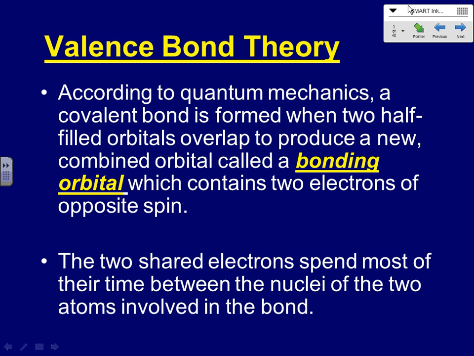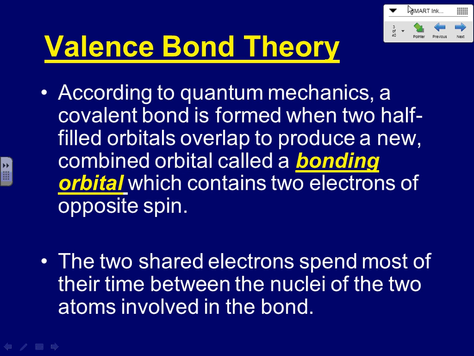So if an orbital is a wave, you can have 2 of these waves interact with each other. And in physics, and I mentioned this earlier on, and those of you who have taken the physics, you would have learned that when you have waves overlapping, you get something called interference.